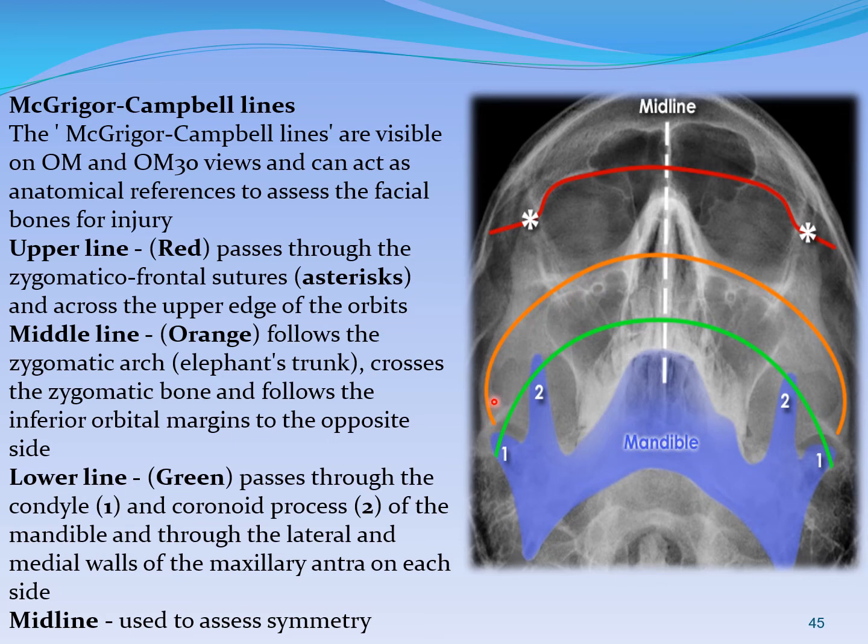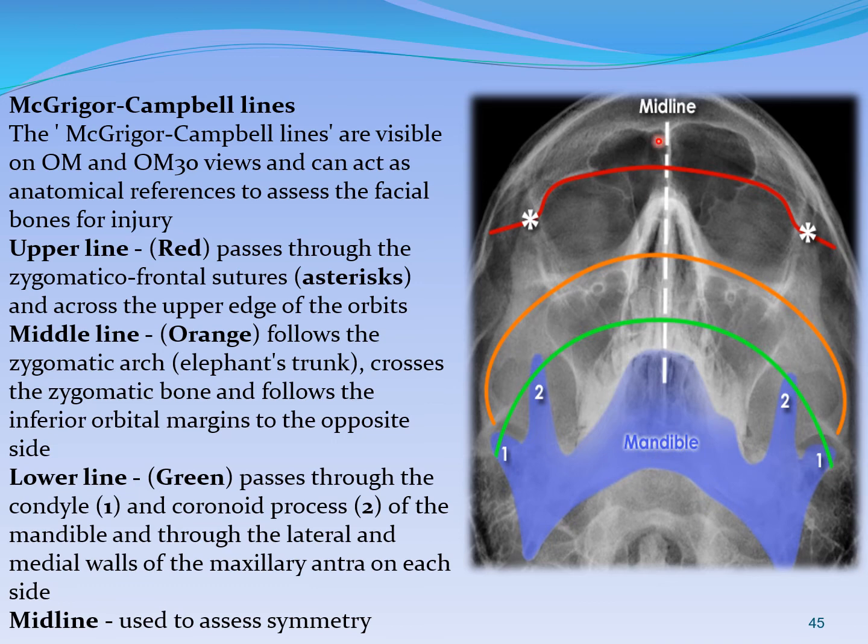It follows the zygomatic arch, zygoma, lower part of the orbit, nasal septum, and then the other side. And the third one is the green line, which passes from the right condyle and coronoid, passes through the maxillary sinus on either side, and then again to the coronoid and the condylar process.